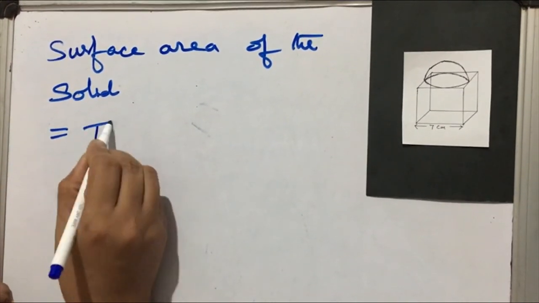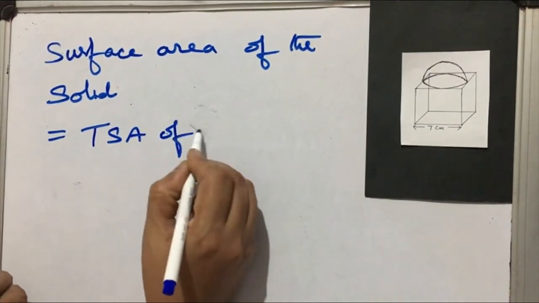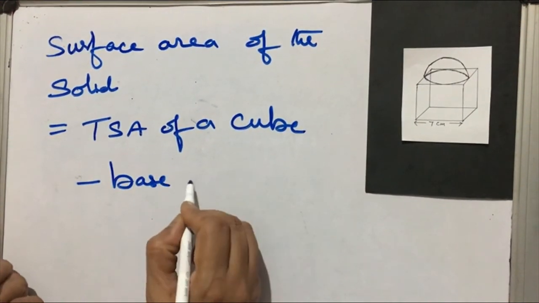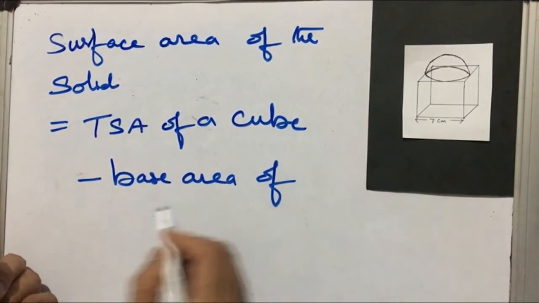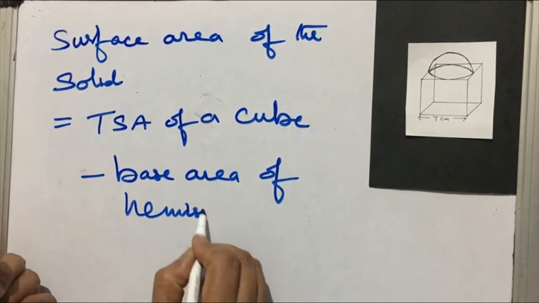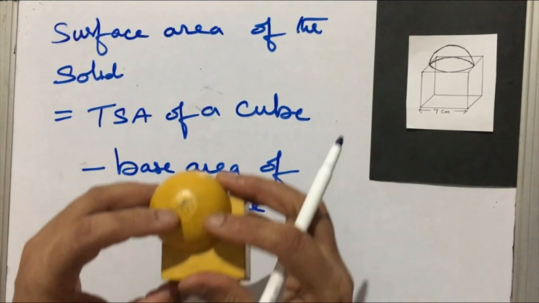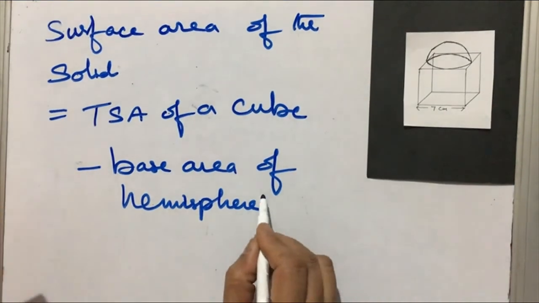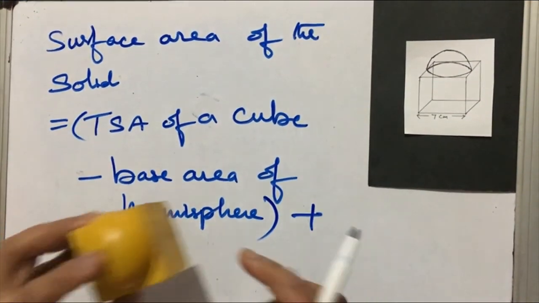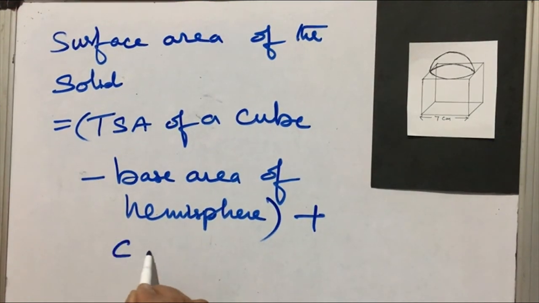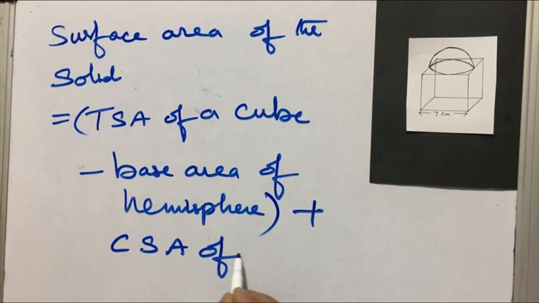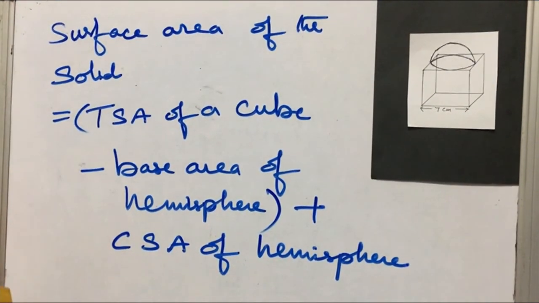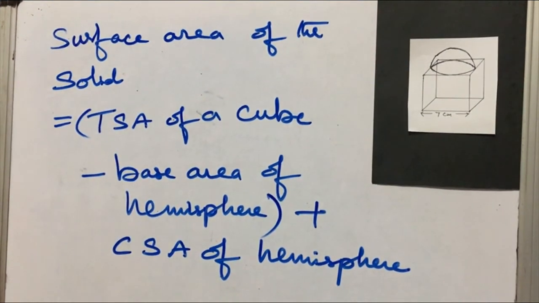It is the TSA of a cube, if we subtract the base area of this hemisphere, this area plus these corners area can be coming, plus now the CSA of a hemisphere. This gives the total surface area of the solid.